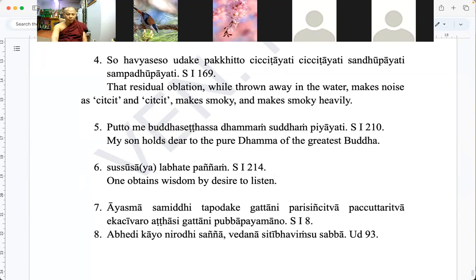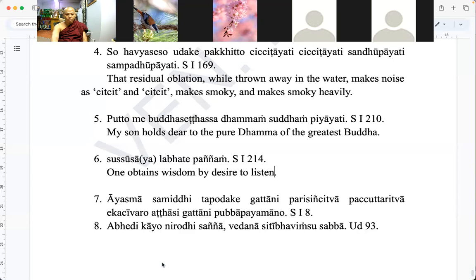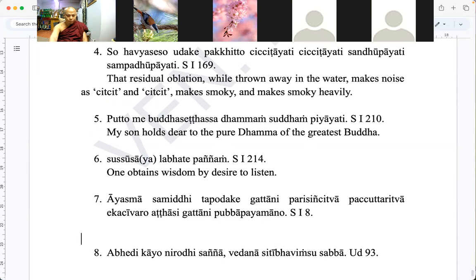Okay, and then now the number 7. So ayasama samadhi.